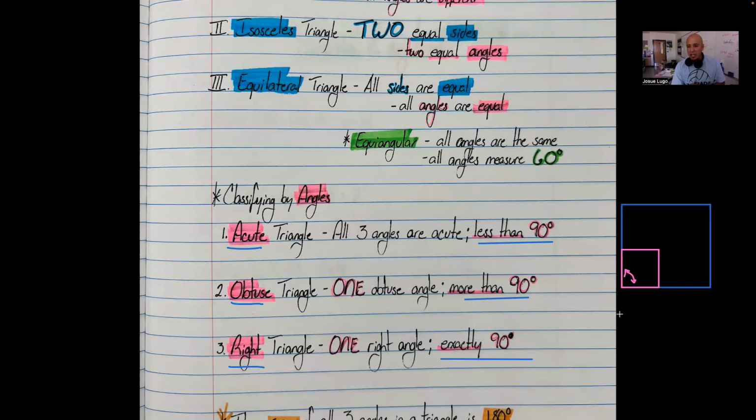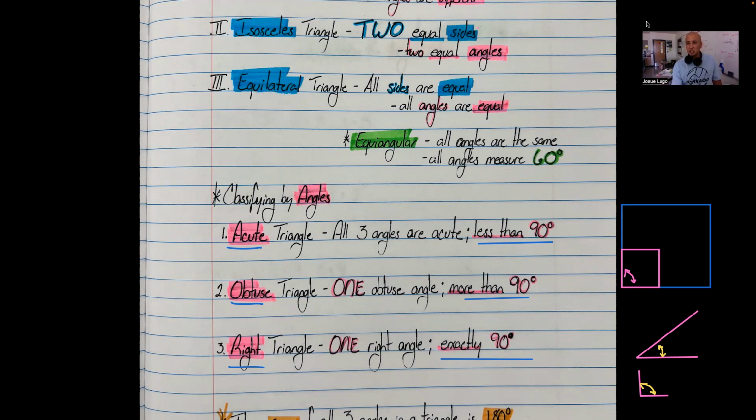If you have a very large door and a very small door, notice how in these two examples, just because it's a larger door, it still has a very small angle right here. Whereas this smaller door is open a lot more because, again, angles have nothing to do with how long the arms are. It's all about how open it is. All right, so if it's barely open, it is a small angle. It is an acute angle. And then if it's open a lot more, then it's obviously a larger angle.